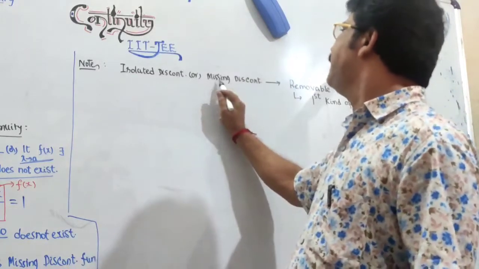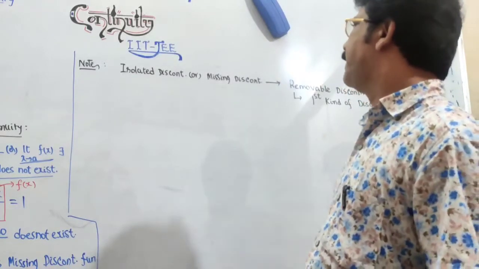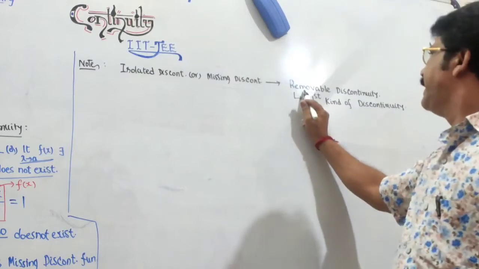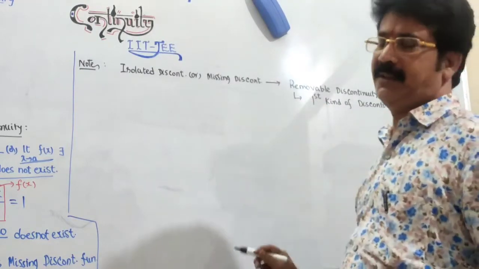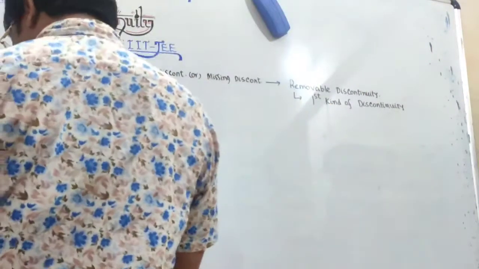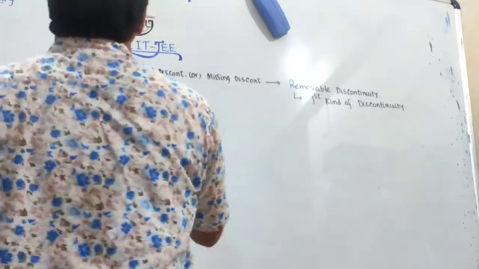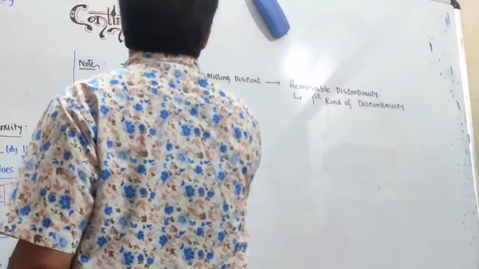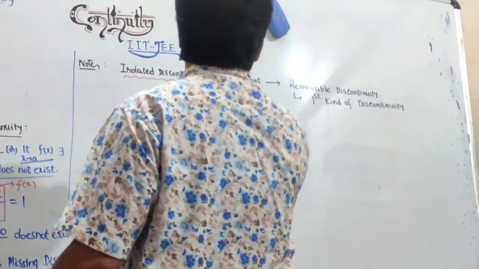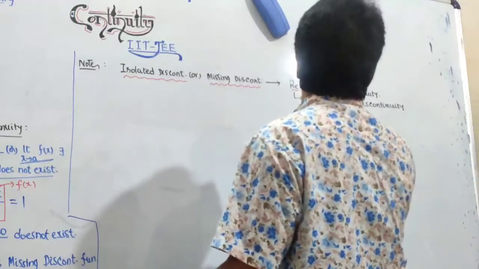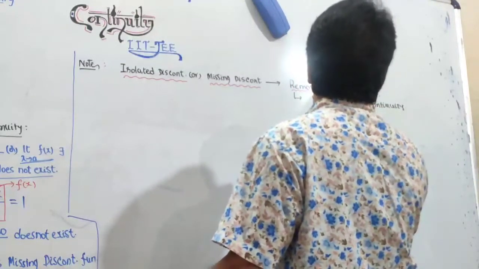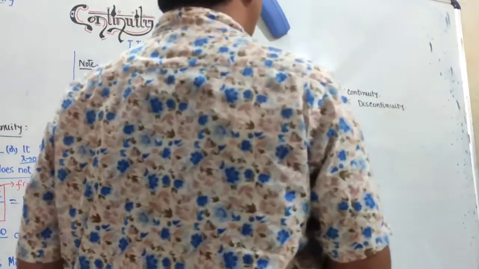If it is missing discontinuity, then it is a removable discontinuity or first kind of discontinuity. This is the most important point. So, isolated discontinuity or missing discontinuity is called removable discontinuity or first kind of discontinuity.